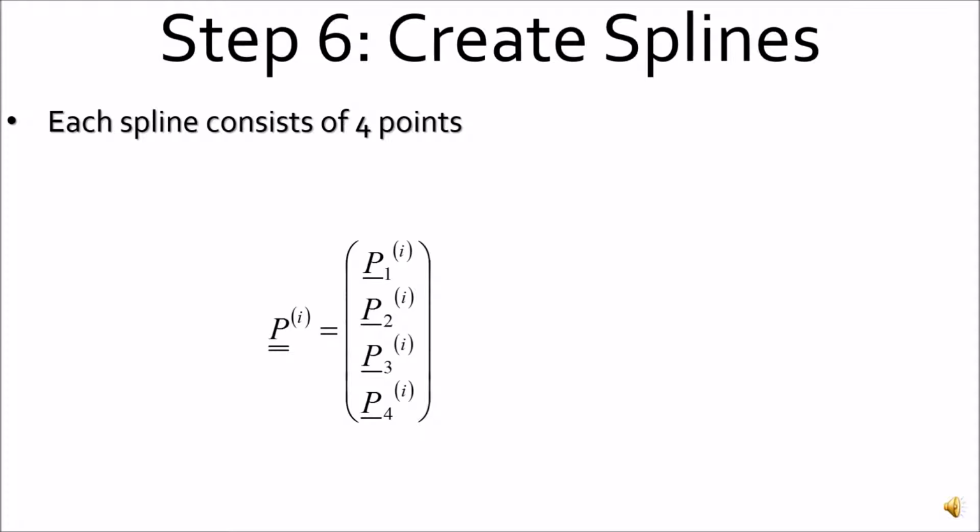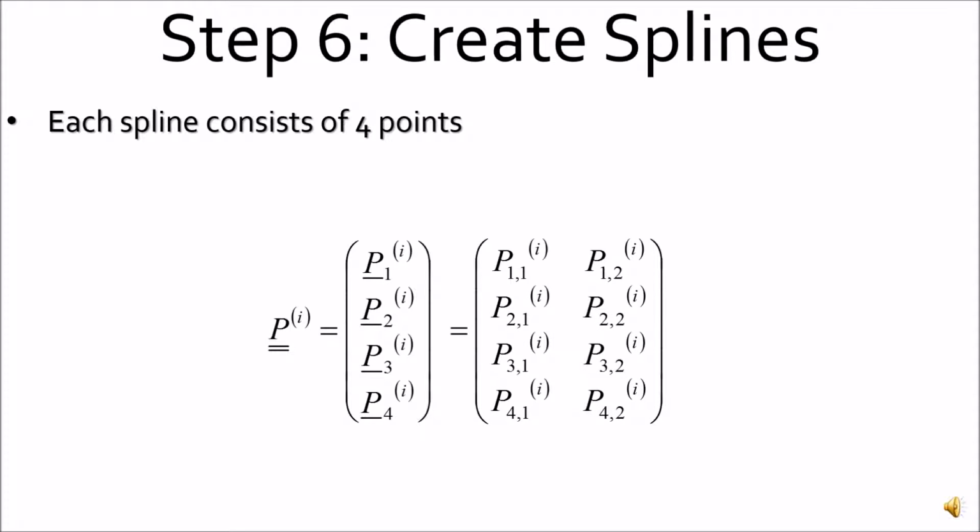Each point has 2 positions, or in our case we're using data, so it's a voltage and a power. So for each of these splines it will be a 2x4 matrix, and that is not specific to this example. Each spline, whatever you're doing, will always have 4 points, and each of these points will have 2 elements.